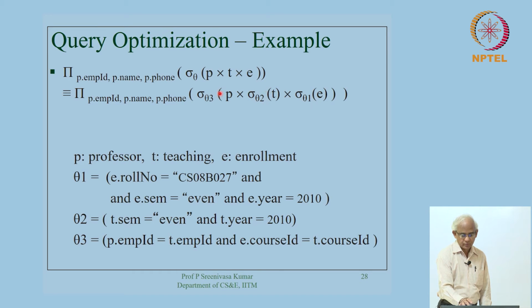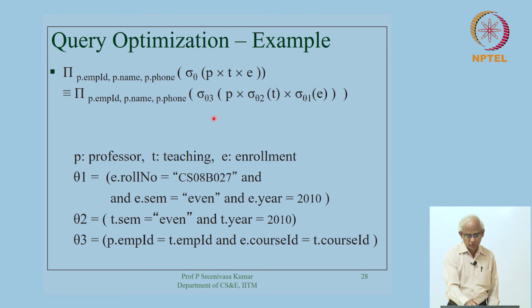And similarly, I can push theta 2 to T, because that is completely applicable to the relation T only. Even if you keep it here, we will form the cross product and then again do the selection, right. So instead, I can now do the selection and then do the cross product.